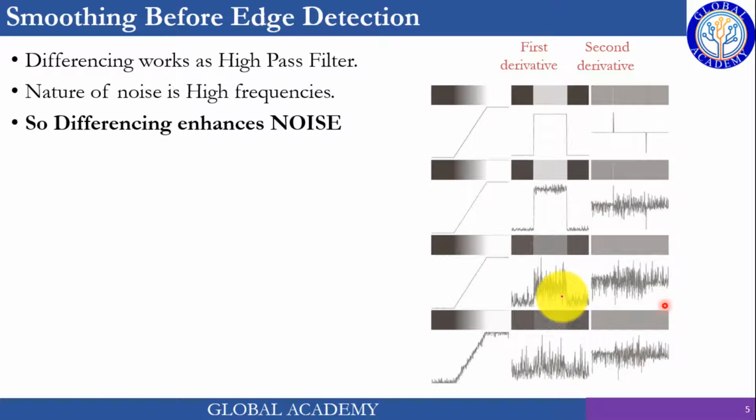So there is no doubt that the first and second derivatives help us in detecting and enhancing edges, but at the same time they amplify or enhance the noise.